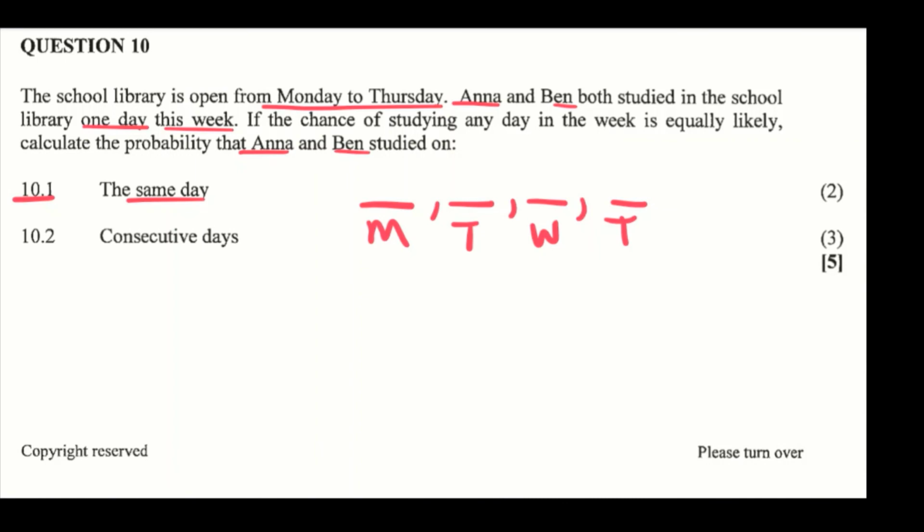The probability that they studied once is 1 out of 4, because someone can study on a Monday, someone can study on a Tuesday. So you can study on a Monday and not study on the others, or not study on a Monday but study on a Tuesday and not study on a Wednesday, just like that.